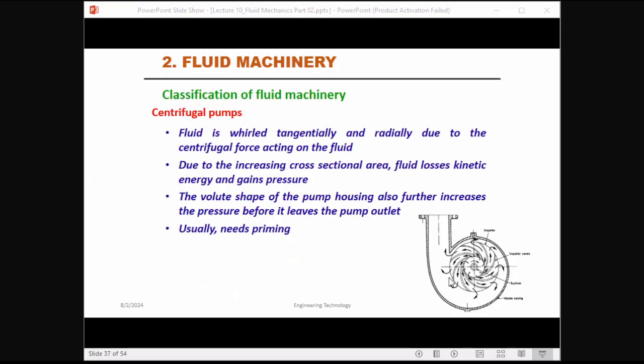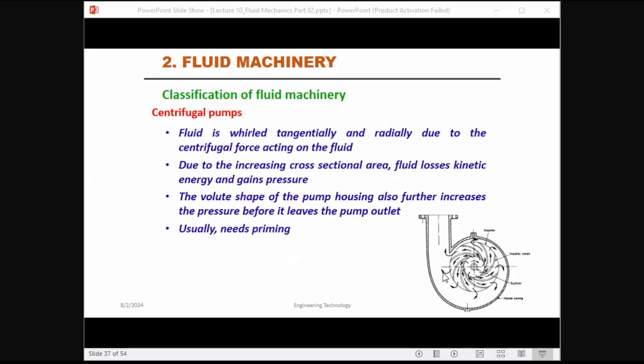Then as the fluid moves through the impeller channels, its velocity increases. The kinetic energy imparted to the fluid by the impeller is converted into pressure energy. This conversion occurs because the cross-section area of the flow path within the pump increases as the fluid moves outwards.